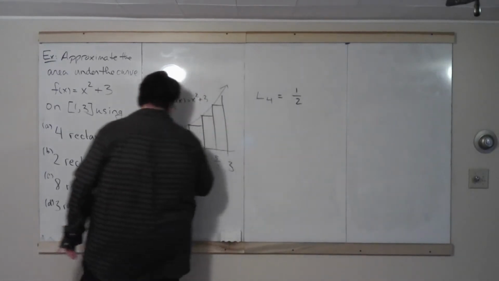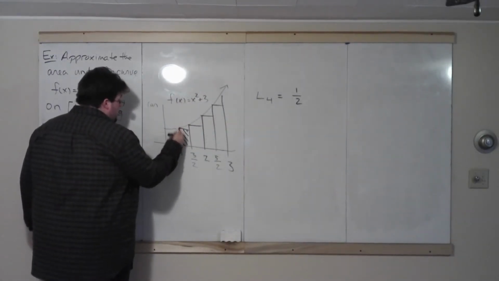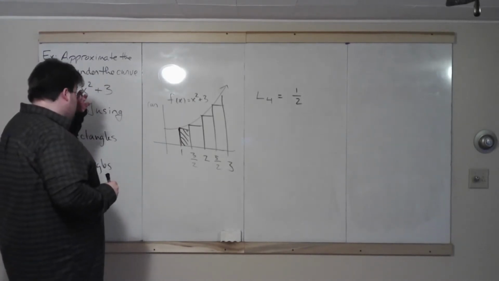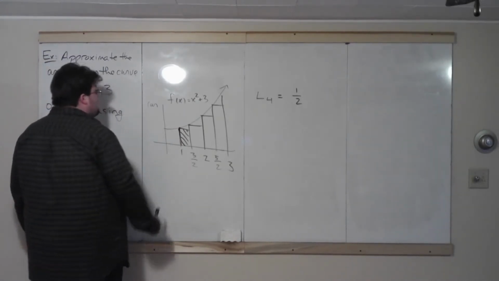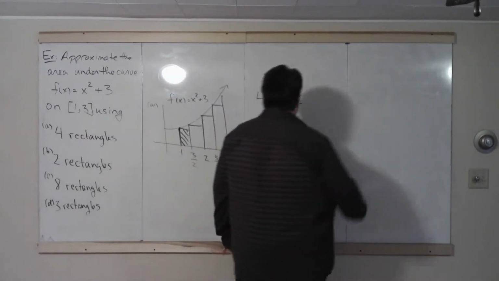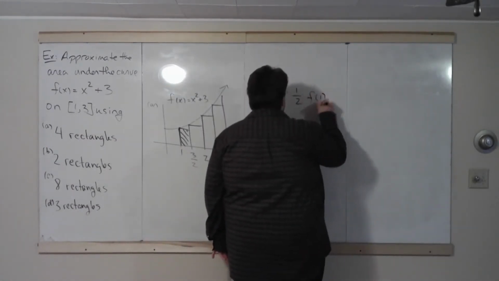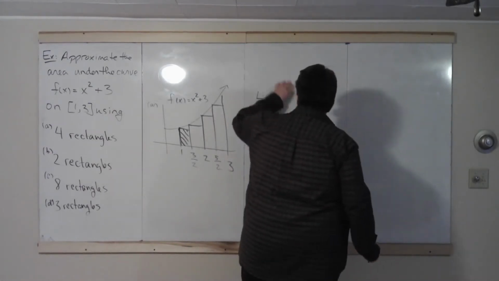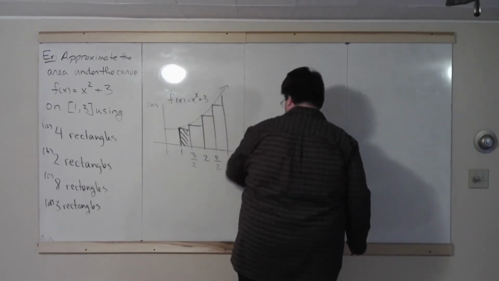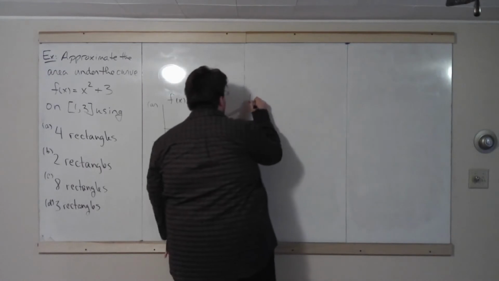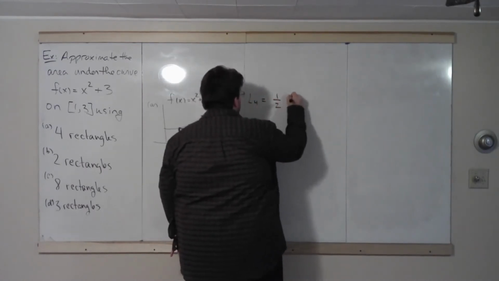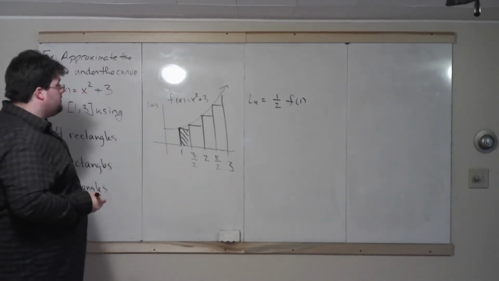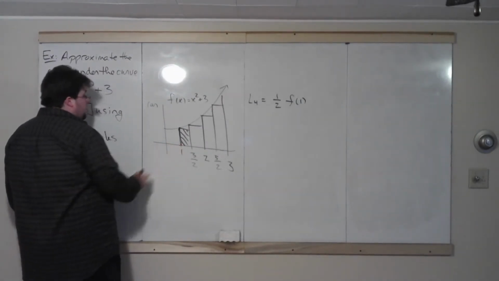Well, the height of the function is given by that y value, the y value corresponding to x equals 1. So for right now, I'm just going to write it like this. A half times f of 1. L4 equals a half times f of 1. The base is a half. The height is given by the function at the left endpoint.